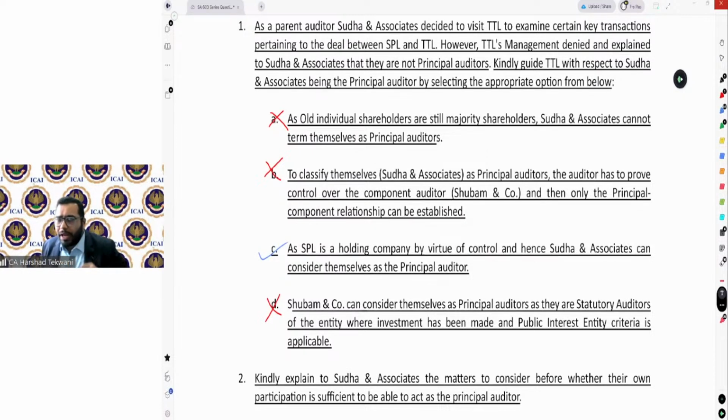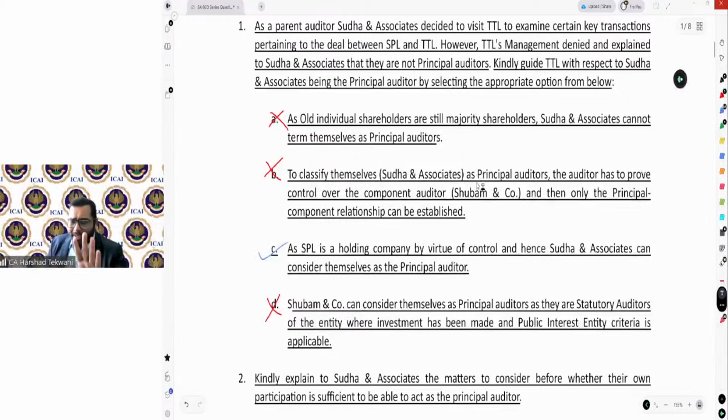What are the things you will think of, okay, I should decide these things first, and then I can take a decision whether I can accept those responsibilities or not. Absolutely correct, Namrata. So let's see the answers.